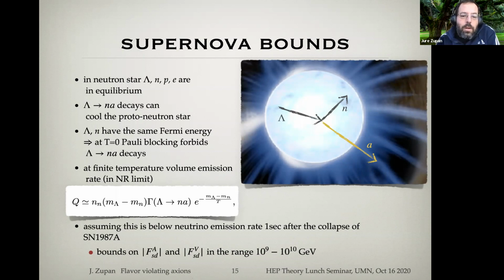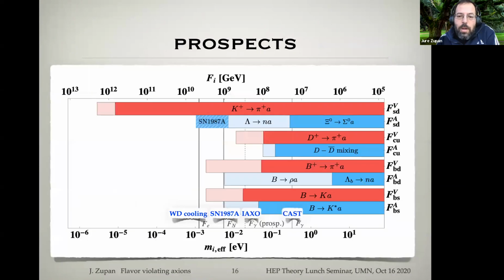It depends quite crucially on what you plug in for the temperature. Shifting this from 20 to 40 MeV can shift the bound by 2 orders of magnitude. Okay, so I went maybe quickly over these bounds.